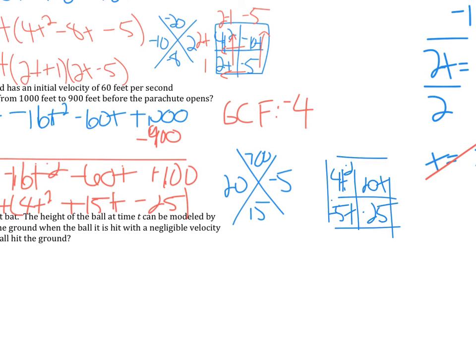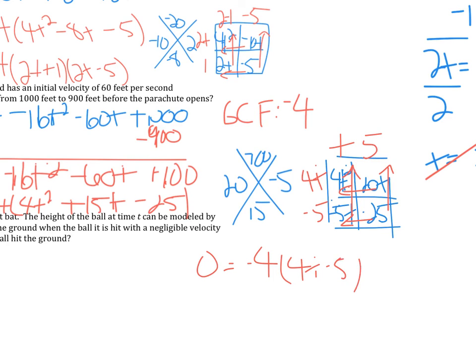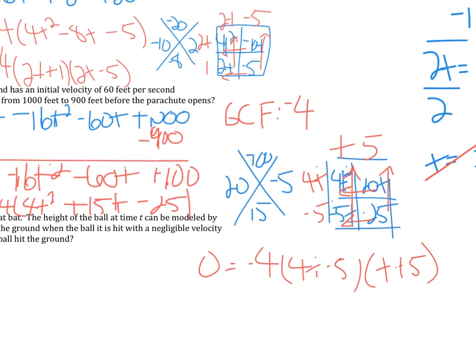And then find our GCF, so we pull those out. So I get a negative 5 there. We get 4t there, just t there, and 5 there. So then bringing that over, we have 0 equals a negative 4, 4t minus 5, and t plus 5. Solve.